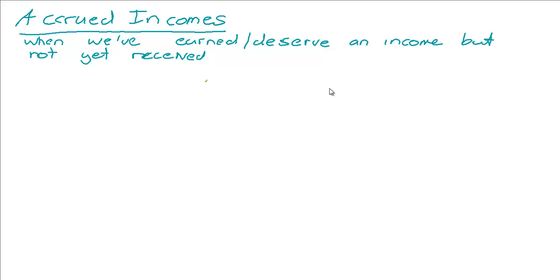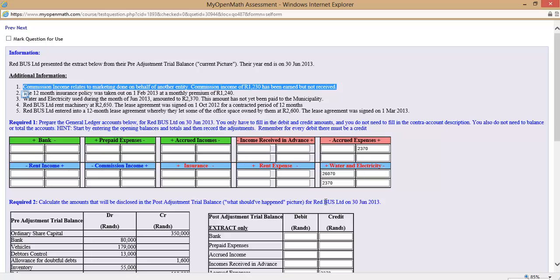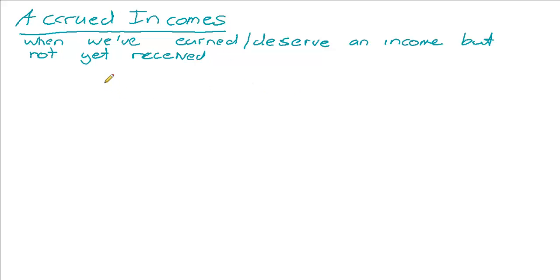Just to show you how the picture looks, our financial year is ending on the 30th of June. So let's draw our financial year. Here we go. There it is. And we've got 1 July 2012 to 30 June 2013.